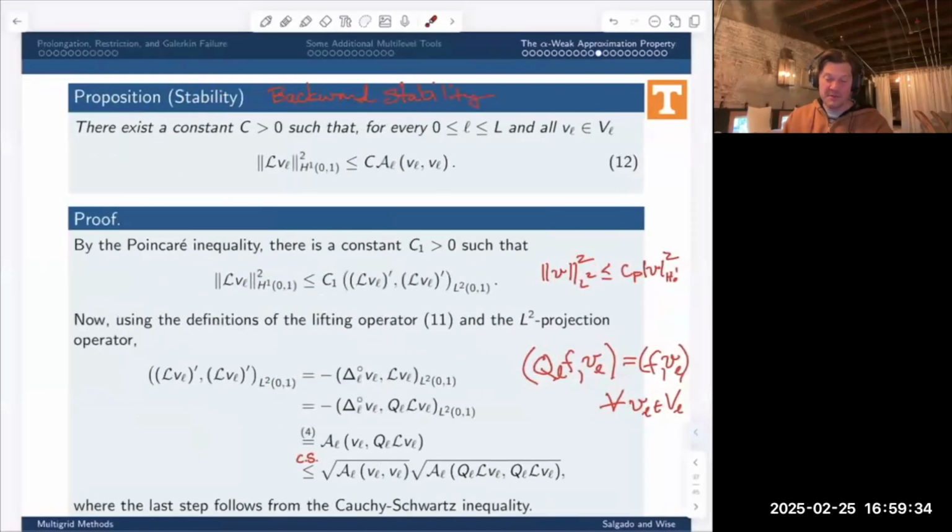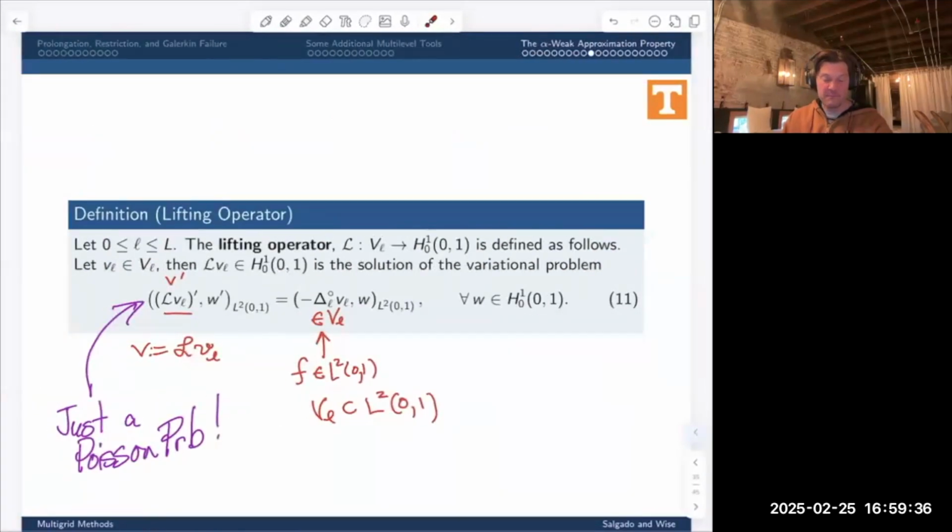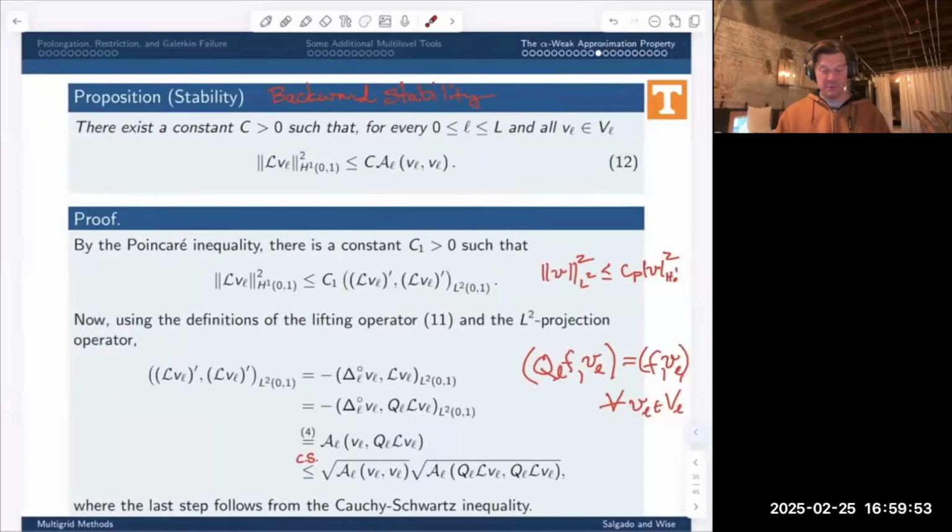All right, so let's look at where we are. We have this thing called the lifting operator, which we just defined. That takes piecewise constant functions and pushes them into the continuous space H^1_0, and we just showed that we have a stability for that. Actually, it's kind of a backward stability.